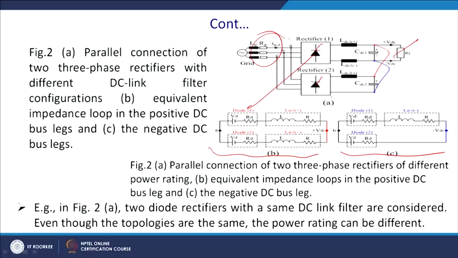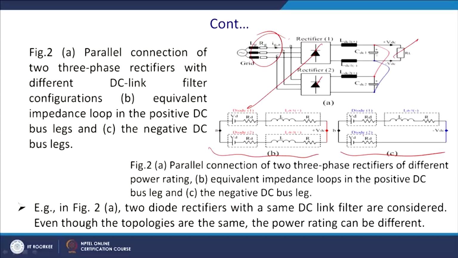Similarly, from here you have the diode-based rectifier RD and you reach here, and then this point and this point can have a little voltage difference, thus current can circulate between these points.